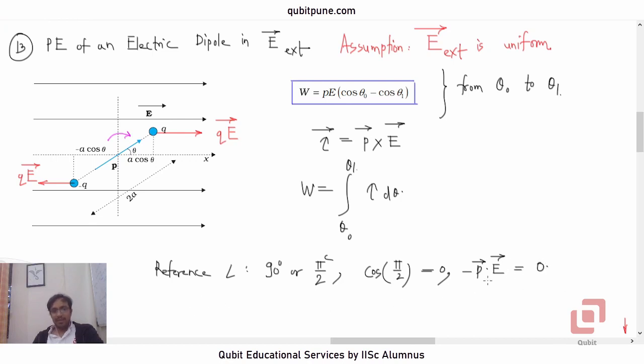So this is where the electric potential energy is assumed to be 0, and with this we can calculate the electric potential energy at any other angle theta by negative P bar dot E bar. But the main formula is this. That is for an electric dipole.